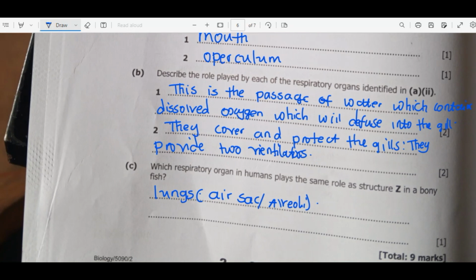Whenever you are studying, please never choose your own topics to study. That is the reason why this question seemed difficult to some people. No one thought of studying this. People think questions about gills will never come in exams. Please never choose your own topic.